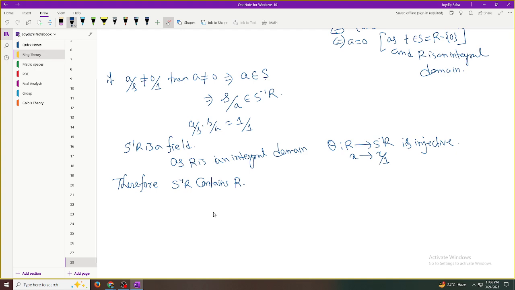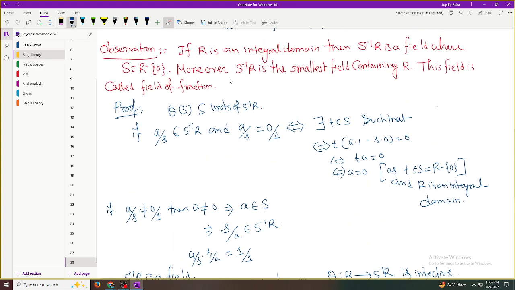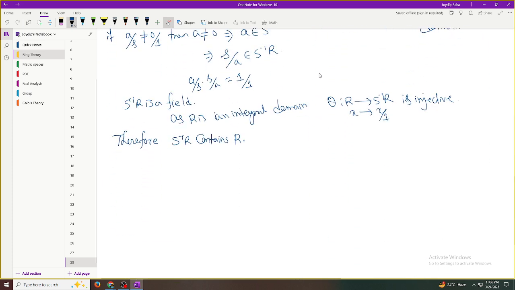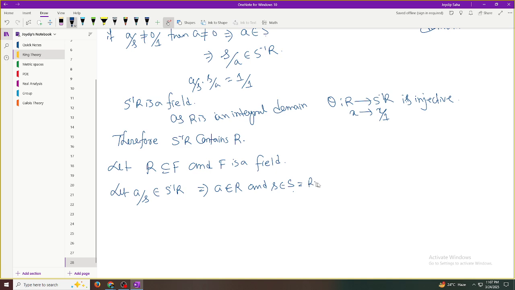Now we have to show that it is the smallest field containing R. So how to show? Let R be a subset of F, and F is a field. Let a by s belongs to S inverse R. This implies a belongs to R, and s belongs to S, that is R minus 0.